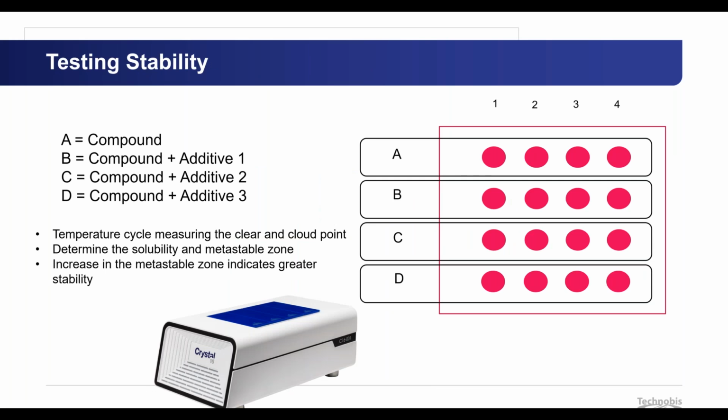And here is just an example on how you can design your amorphous solid dispersion screening on the Crystal16. Here you have only the compound with additive 1, 2, and 3.